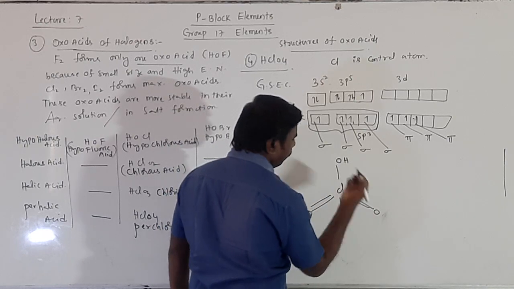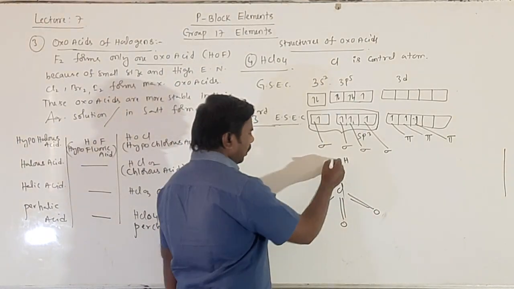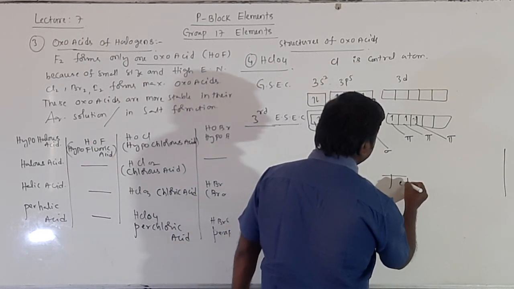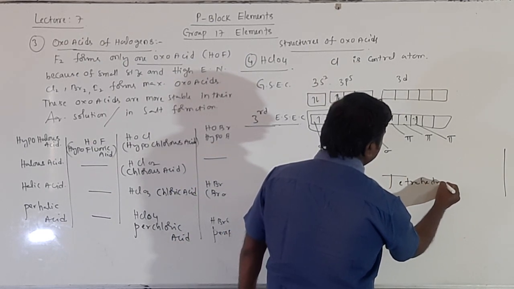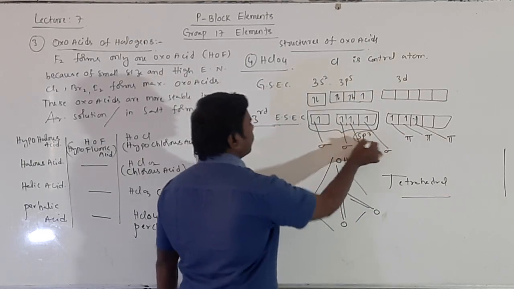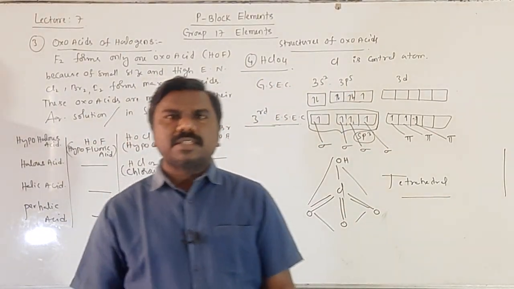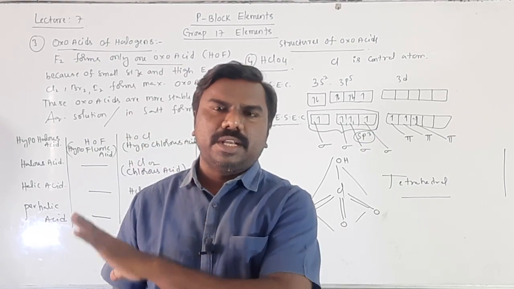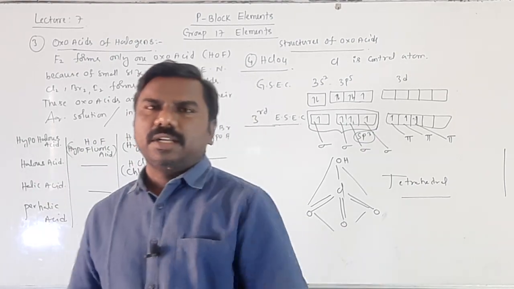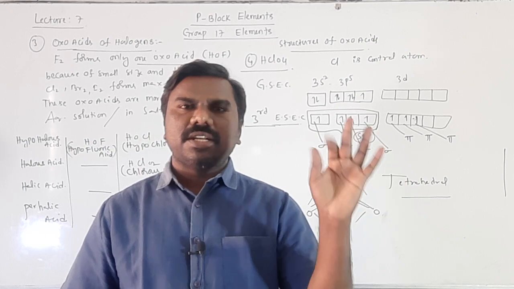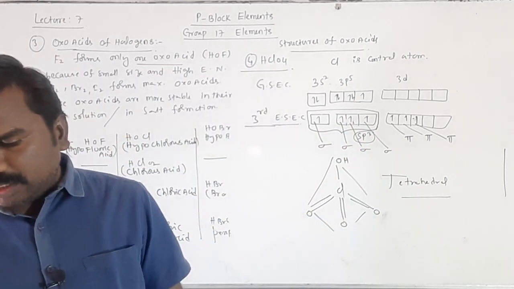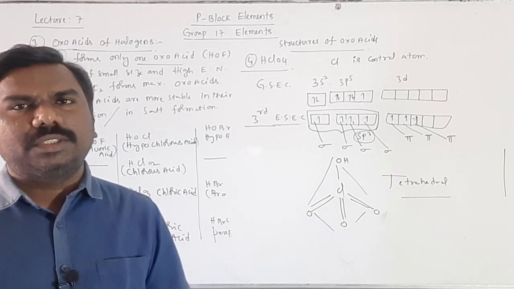Shape is tetrahedral. Hybridization is sp3. For all acids hybridization is sp3 and the shapes will be different, number of pi bonds will be different. Ground state, first excited, second excited, third excited. Getting? These are the oxo acids of halogens.